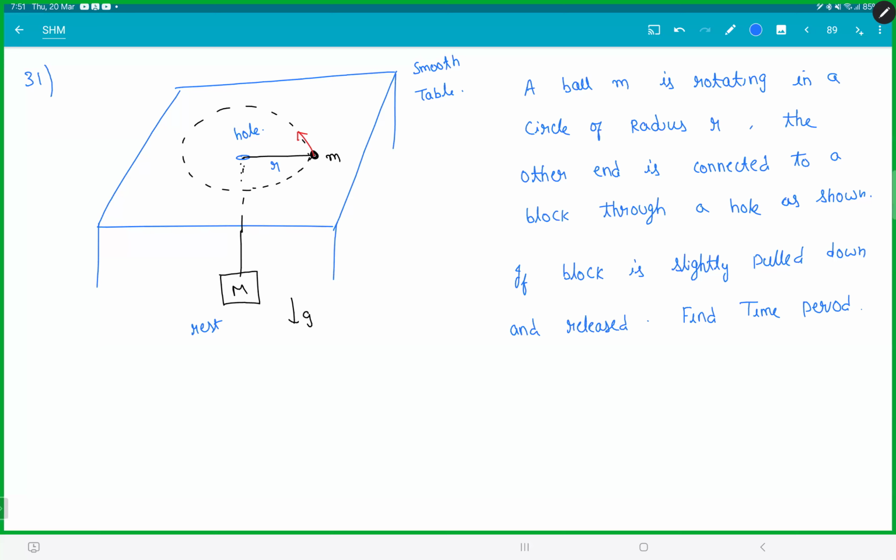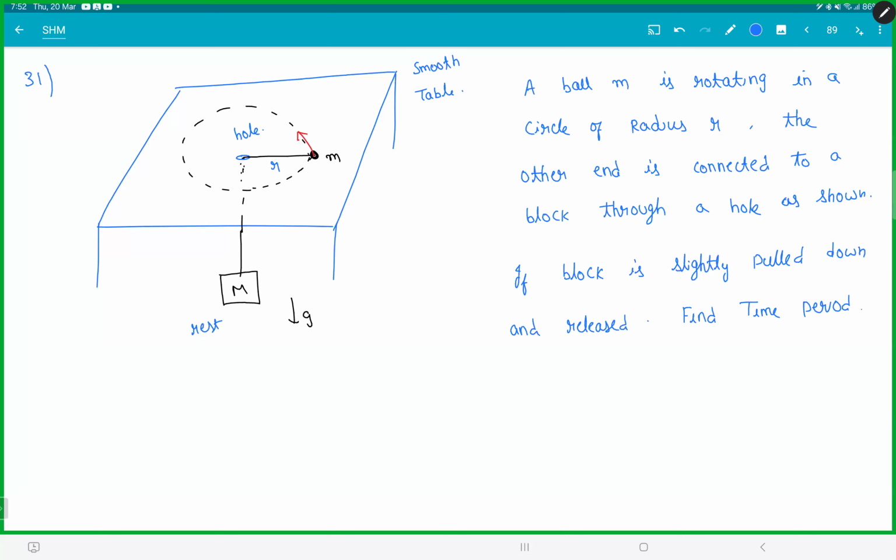How do we approach this? Think. Forget about solving the question.